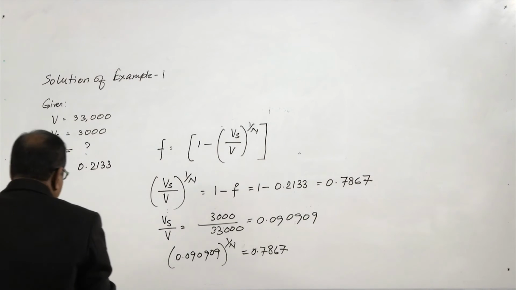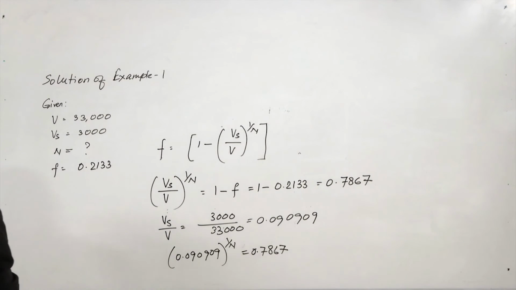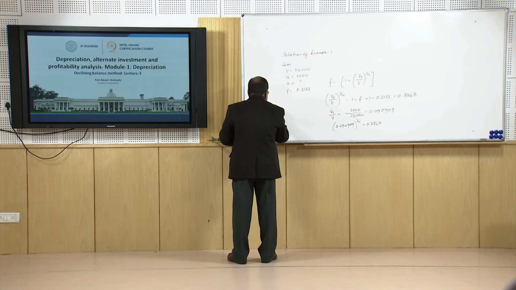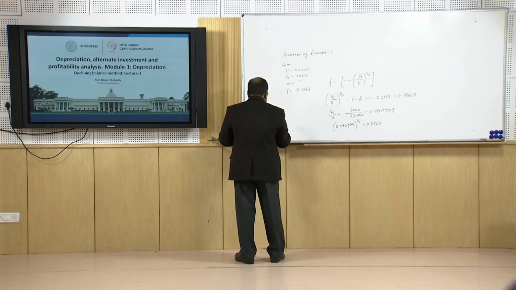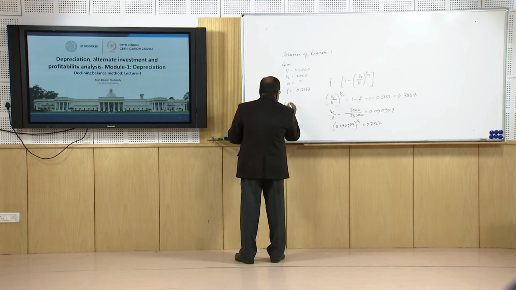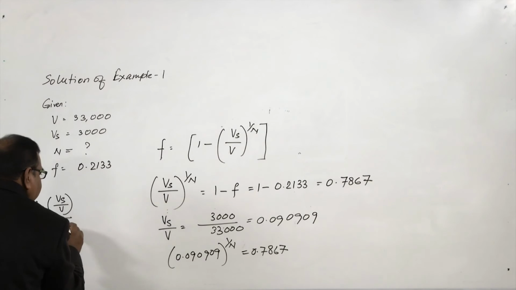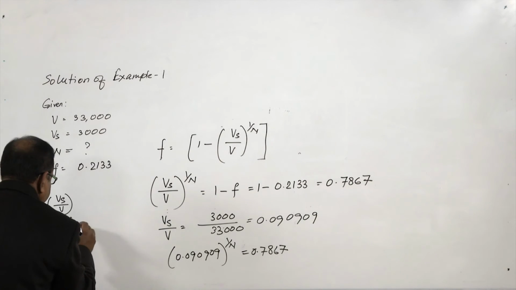Now, if I take log, n is equal to log of Vs by V divided by log 0.7867.